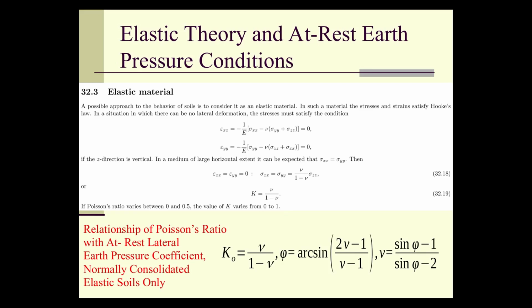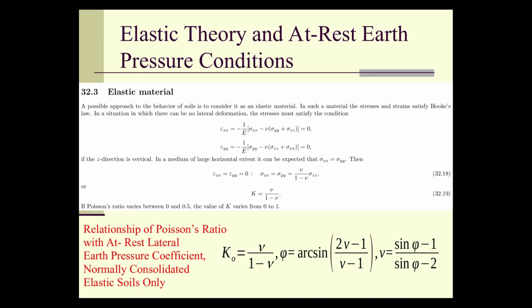We can also assume that the strains are zero in those directions because it's a self-confining medium. There's nowhere the soil can really go. You've got a semi-infinite soil mass basically containing itself. So we say those are zero.